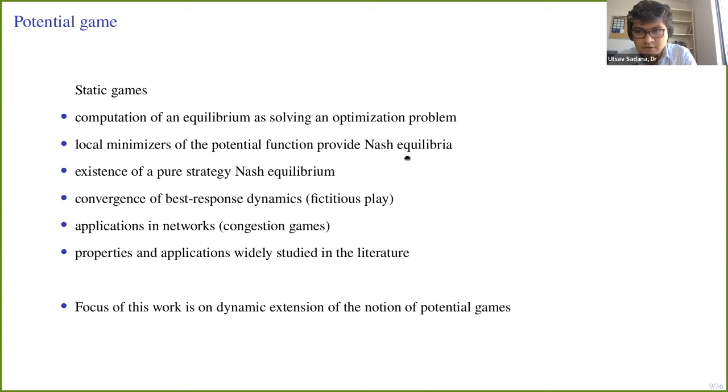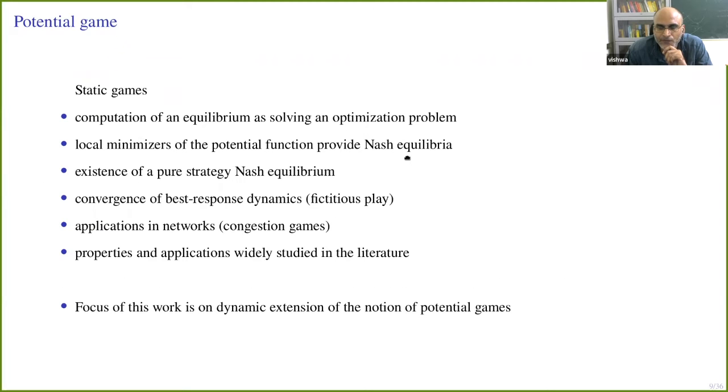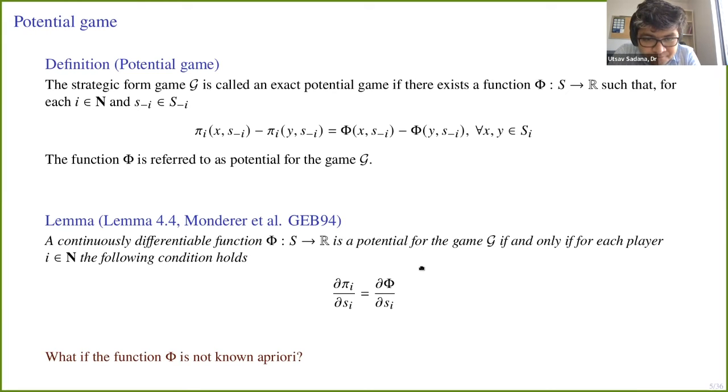You can have multiple as well. It will always happen that the minimizer of the potential function will give you a Nash equilibrium for the game problem. Yeah, because you can immediately infer it from this.